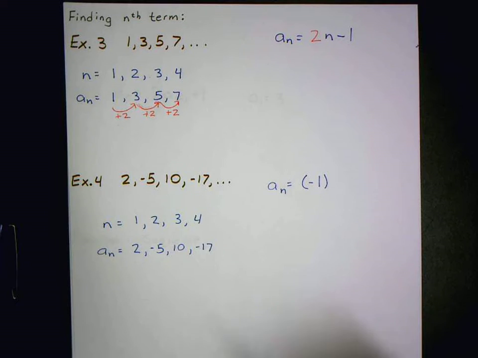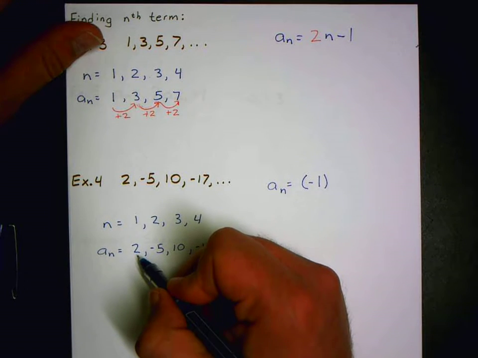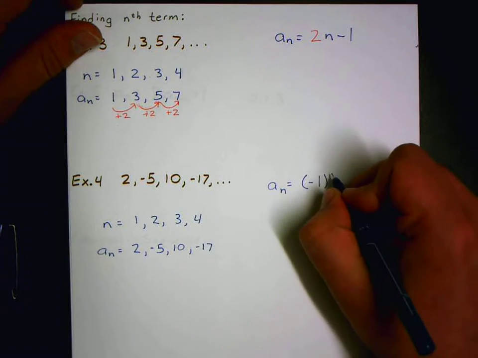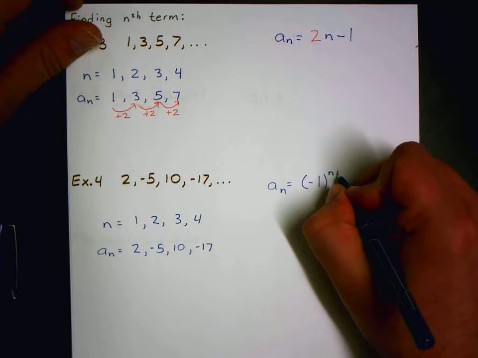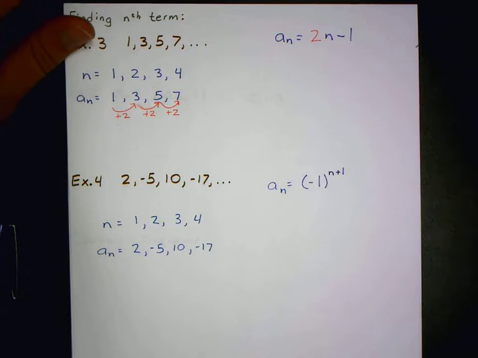Well, the first term is positive, which means I need the power to be something like either n plus 1 or n minus 1, because I need the first power to be even. Well, if I just use n, that would be odd. So I need to add 1 to it so it becomes even. But anytime you alternate signs, you'll have something like that.